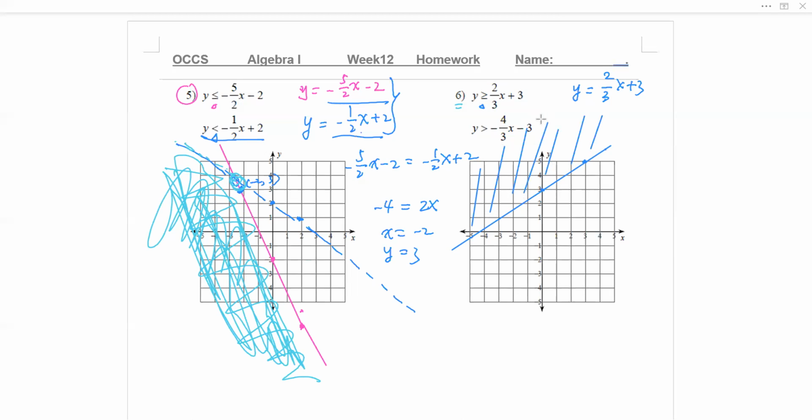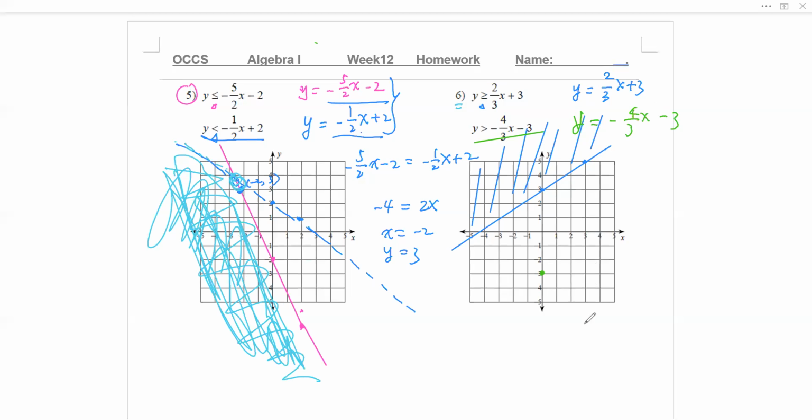Right. All right. So let's see the second one. This one. All right. So we first change to y equals -3/4 x minus 3. So they cross (0, -3). When x is positive 3, it's -7.